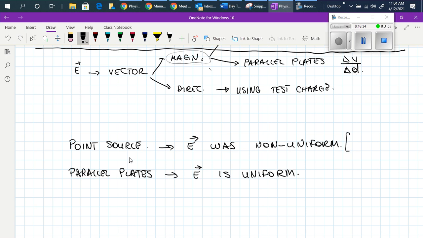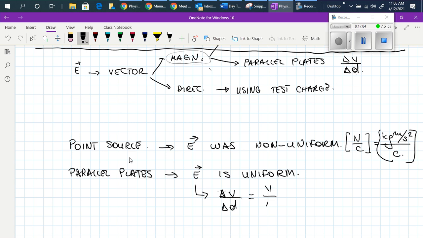The units that we used for the electric field strength when calculating it were newtons per coulomb. And we know what newtons are: kilograms meters per second squared, over coulombs. And when we have the parallel plates, the formula that we use is delta V over delta d, which is volts per meter.